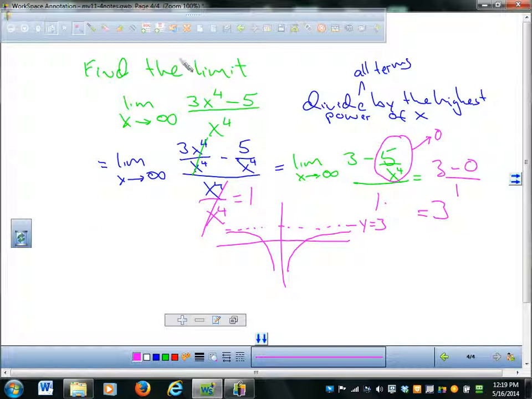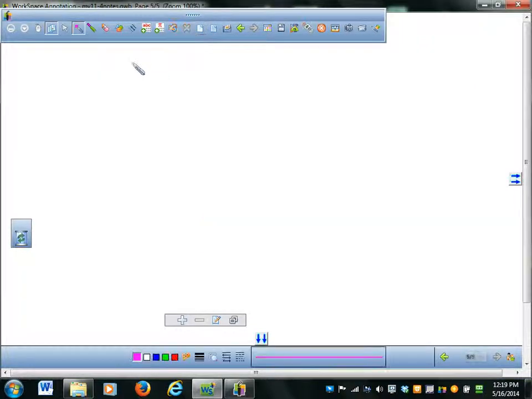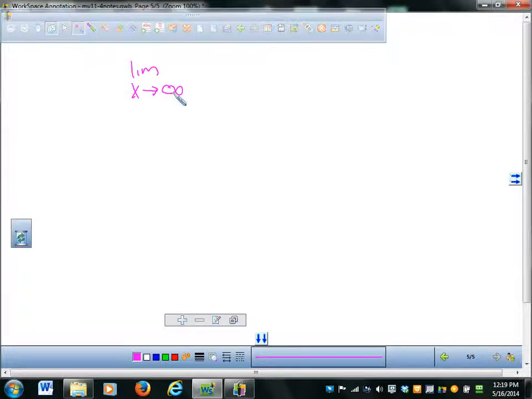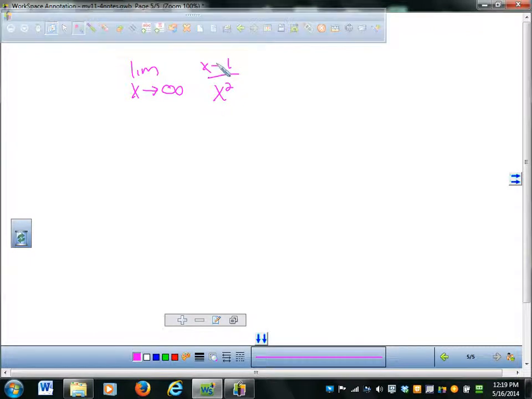Now you could use kind of the same technique for finding limit problems like this. Find the limit as x goes to infinity, or negative infinity will still work, of x minus 1 over x squared. And you say, well, that looks pretty simple, but you do the same thing.